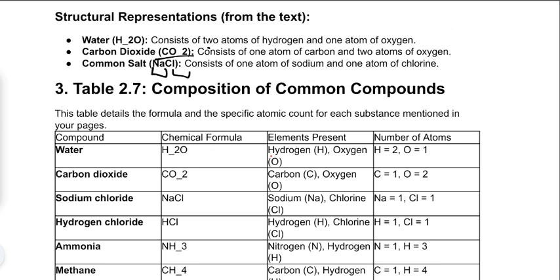Now the table. This table you have to learn, the chemical formulas. Either you can learn the elements present and then make up the formula, and by learning the atomicity also, or you can just directly learn the chemical formulas and write the elements present. So let me explain.